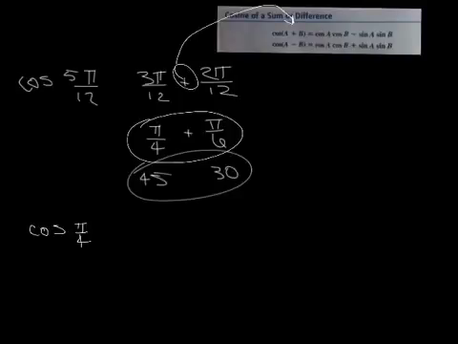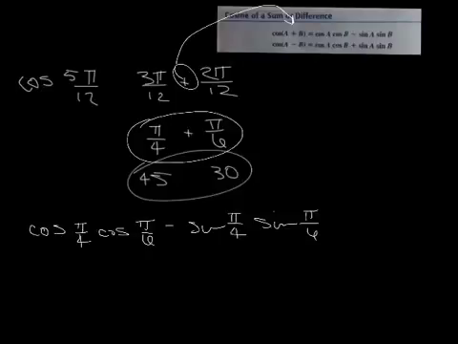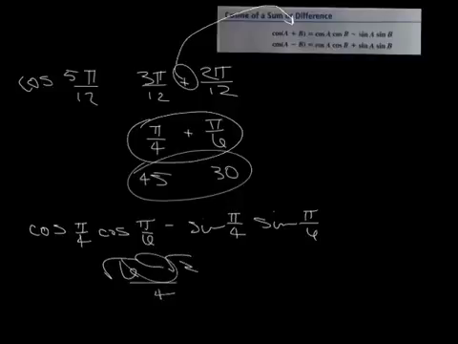Cosine of pi over 4 cosine of pi over 6 minus sine of pi over 4 sine of pi over 6. And then you go ahead and find the answers to that, and you will get square root of 6 minus square root of 2 all over 4. The other one was plus, and this one it's minus.